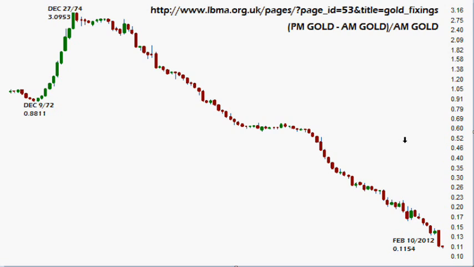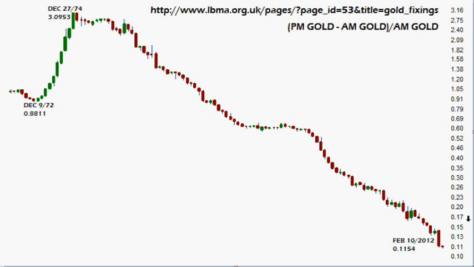This goes back to the start of the second quarter, 1968. And currently at 11.5 cents, well, it's managed to hold on to 11.5% of its gain since it was like $35 an ounce.